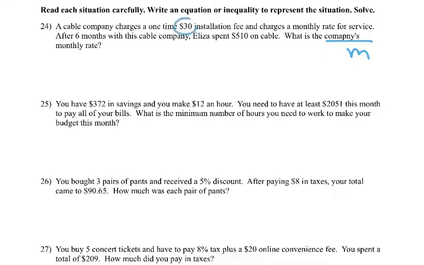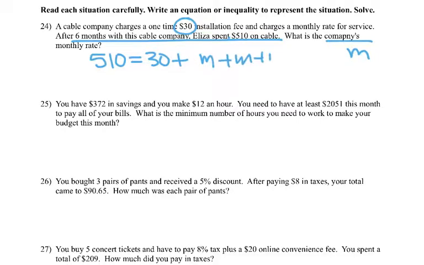Okay, so I know in that 6 months I only paid $30 once. I know that after 6 months I spent $510. So 510 is equal to the $30 I paid plus the monthly fee. But I added that monthly fee 6 times, right?